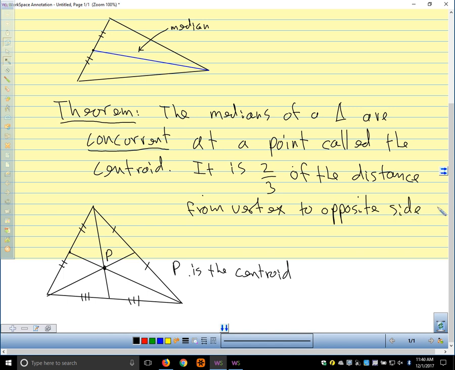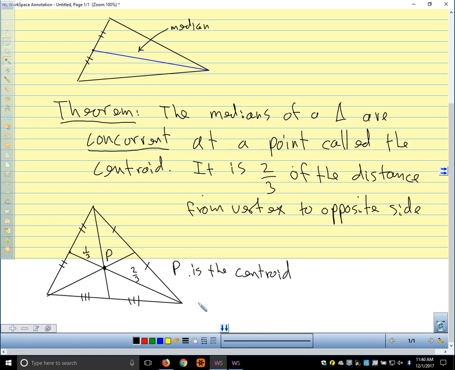So what we're saying here is if we look at this median, going along this median, this distance is 2/3 of the way across, and this distance is 1/3 of the way across. And that's true on any median. This is 2/3 of the way, that's 1/3 of the way. So the centroid is 2/3 of the way across the triangle.